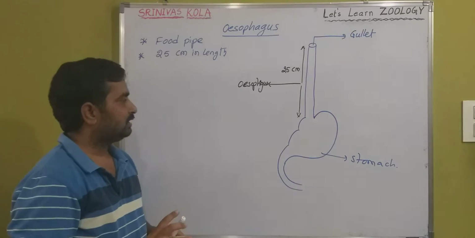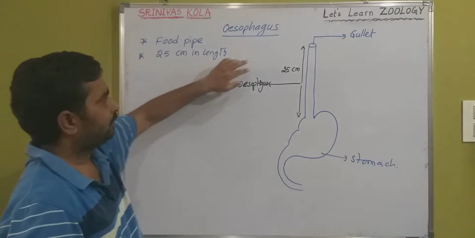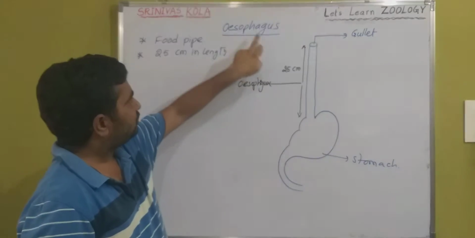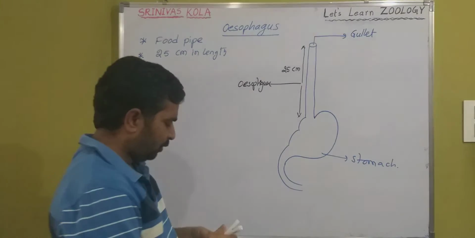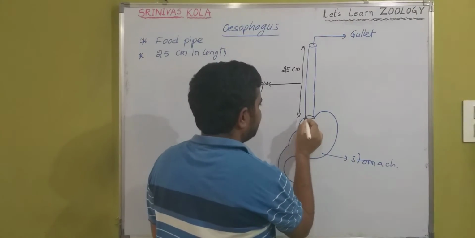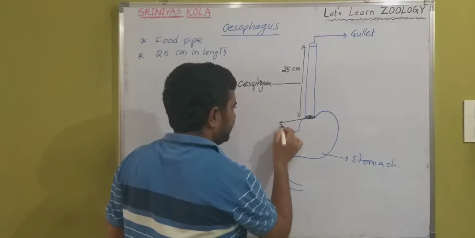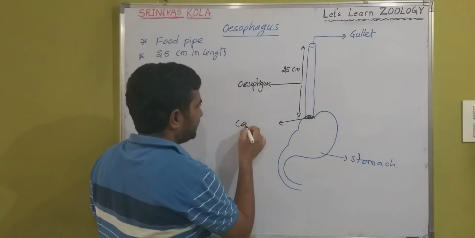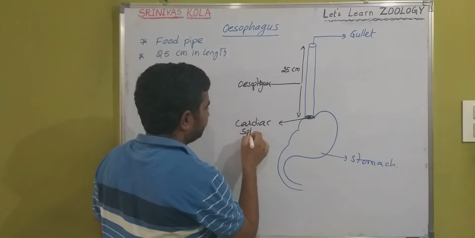Okay. So the food pipe is also known as the esophagus. The anterior opening is the gullet, and the posterior opening enters into the stomach. It is guarded by a sphincter called the cardiac sphincter.